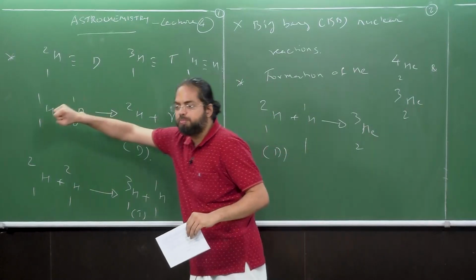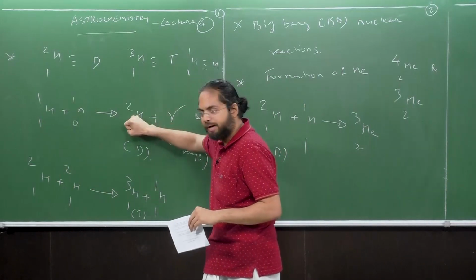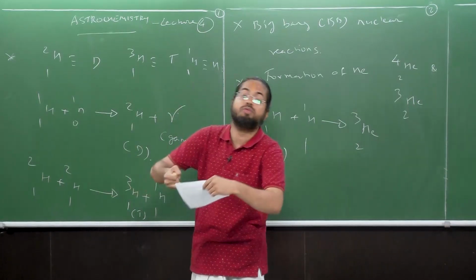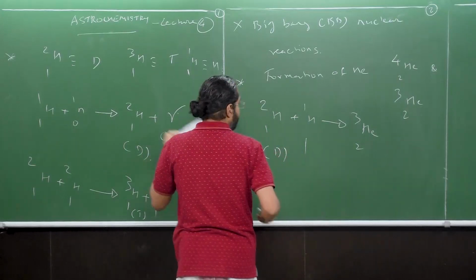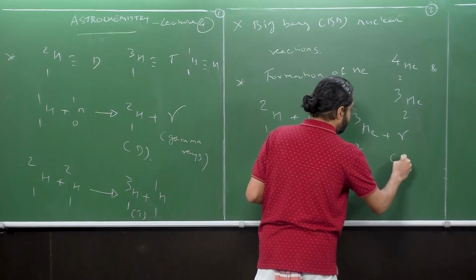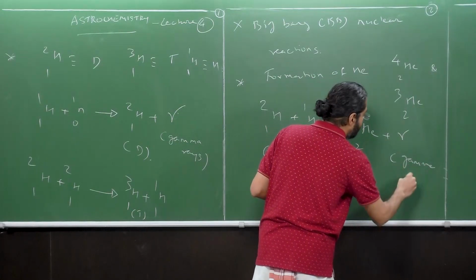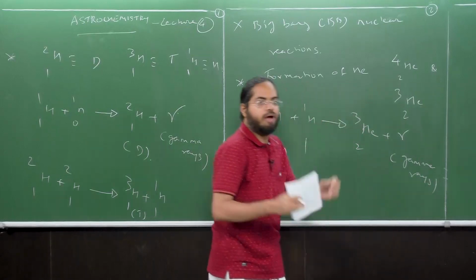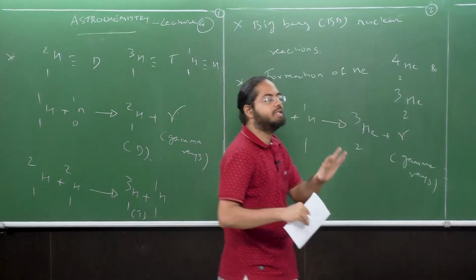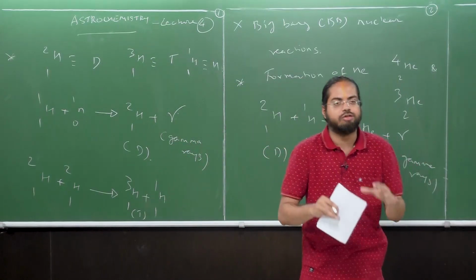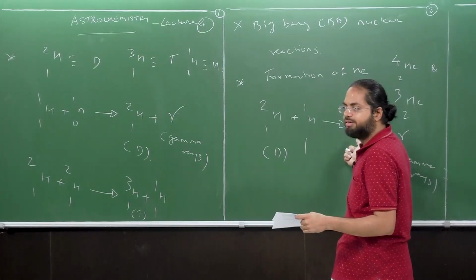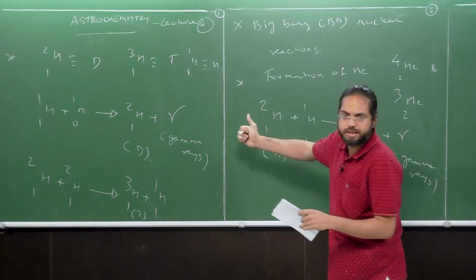Whenever two reactants become one product, the excess energy that is released has to be given off to some other entity, correct? So we also have the liberation of gamma rays as part of this reaction to ensure that energy dissipation happens smoothly, and so that the excess energy released does not result in the reverse reaction actually happening.